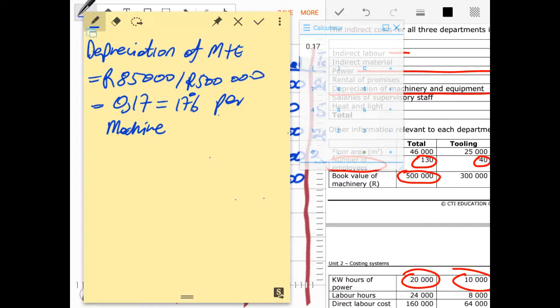Then now we allocate that to all the departments.